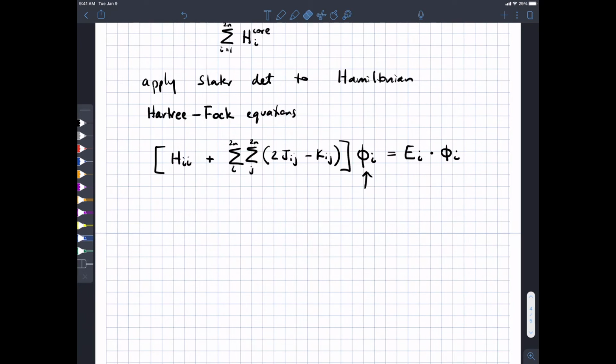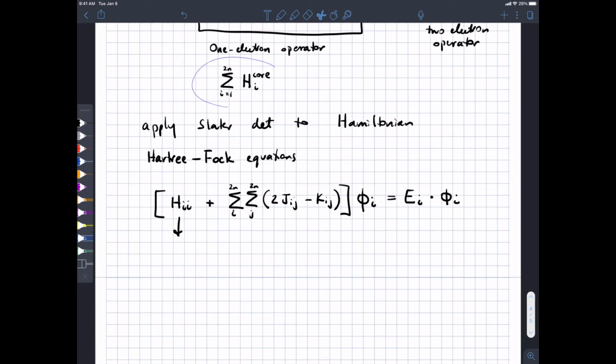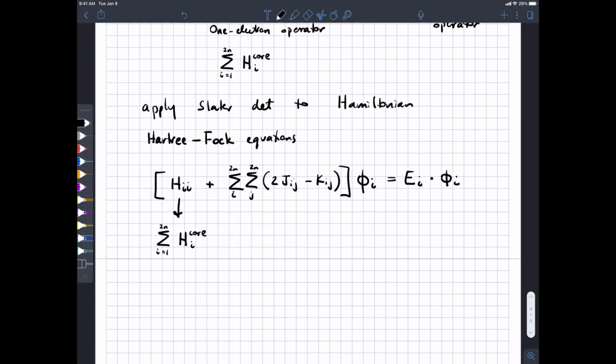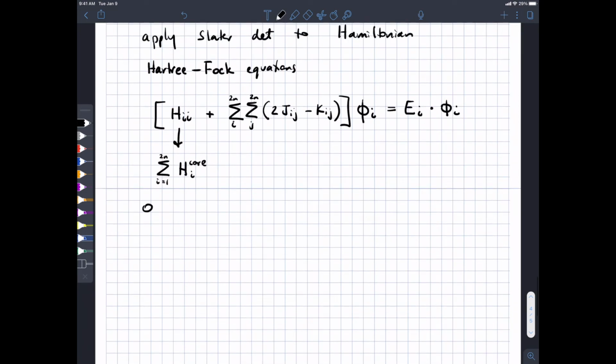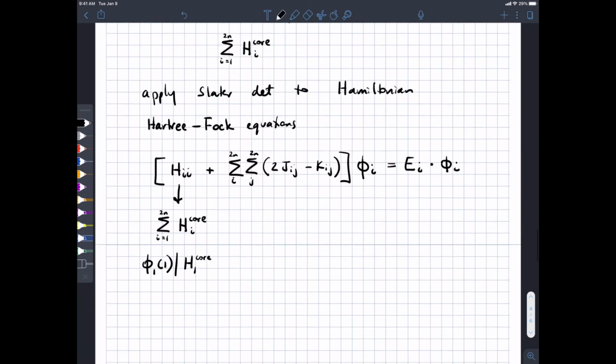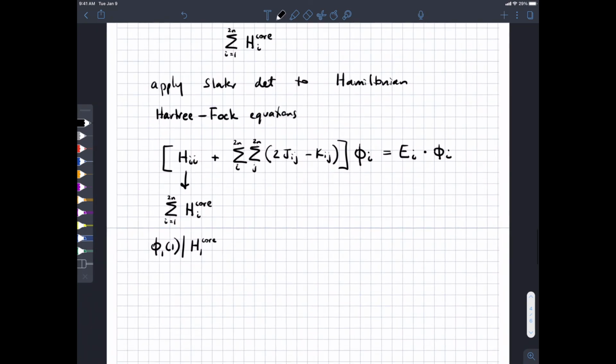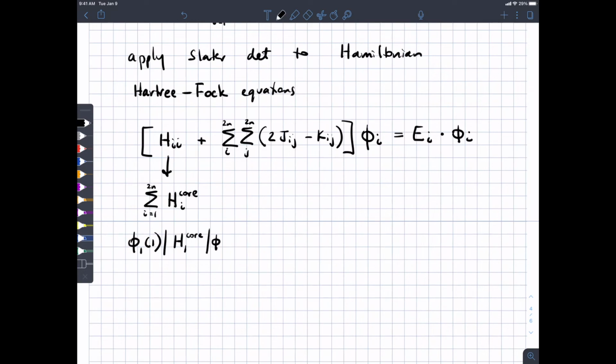Okay. E represents the energy of that particular one-electron wave function. H_I derives from this core operator. In other words, if I take, say, phi 1 with electron 1 in it, and I apply the core Hamiltonian that contains kinetic energy and nuclear attraction for electron 1 to the phi 1 with electron 1 in it, this is the H11 integral.